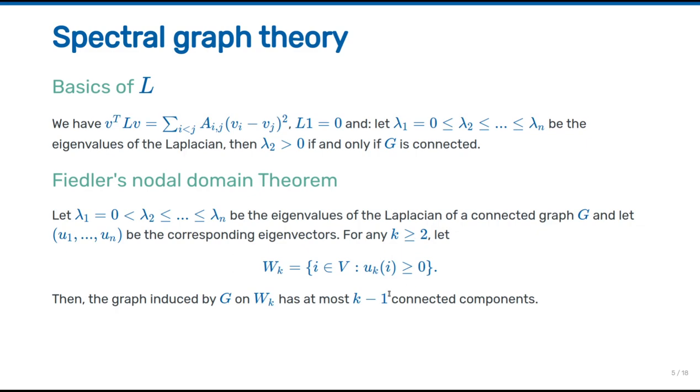So if k is 2, this means there is only one connected component. If k is 3, you have at most 2 connected components, and so on.